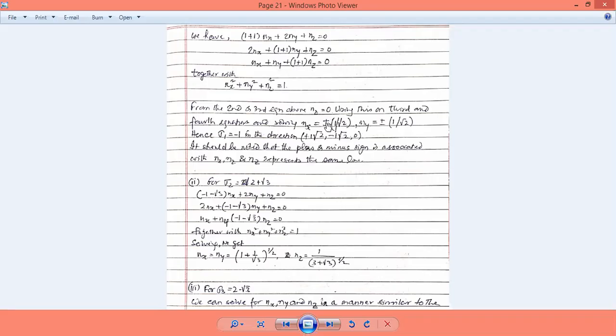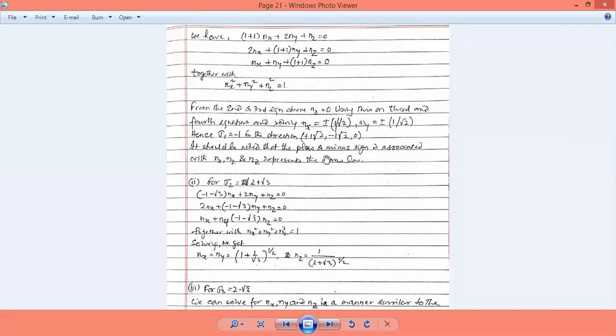If we solve, nx will be plus minus 1 by square root of 2, ny plus minus 1 by square root of 2 itself. Hence, for sigma 1, the direction is plus 1 by square root of 2, minus 1 by square root of 2, and 0.